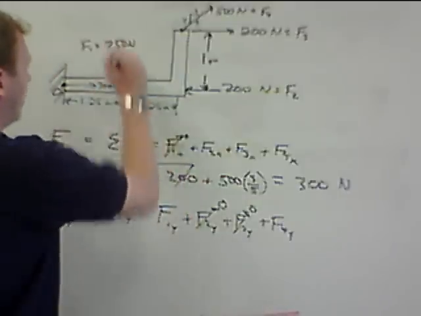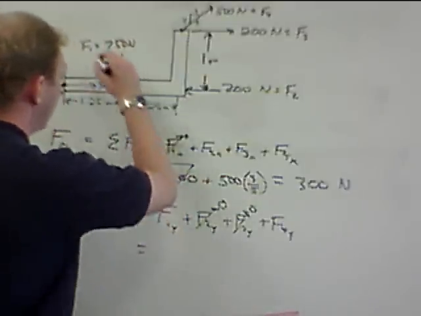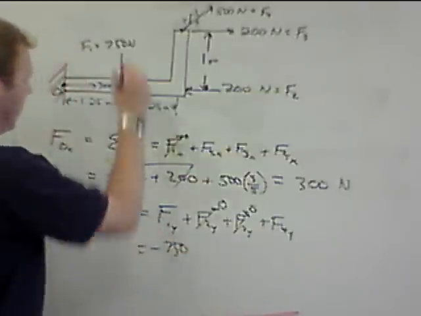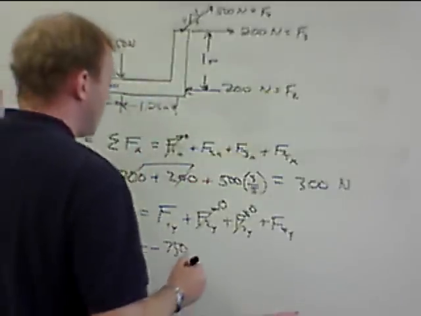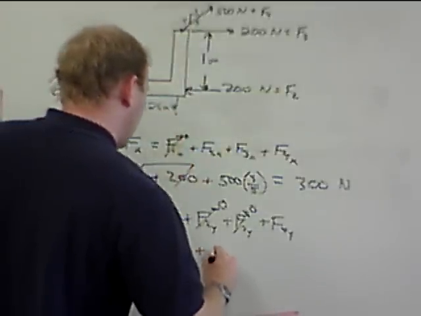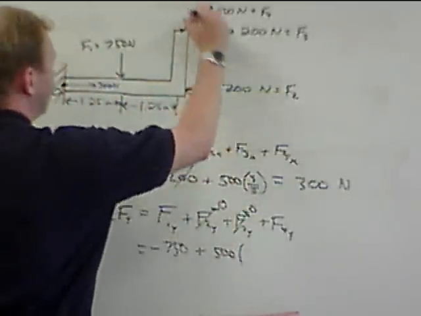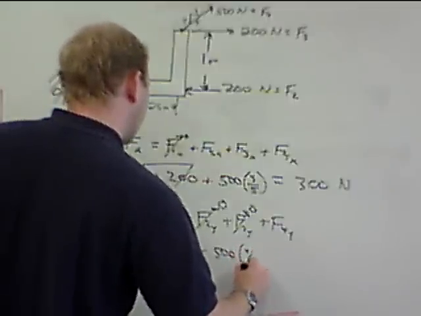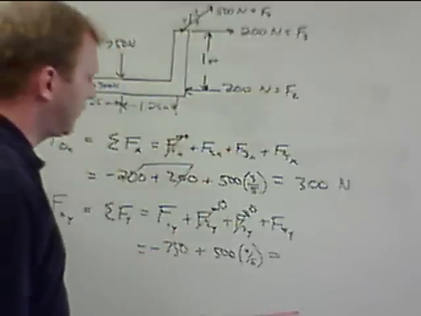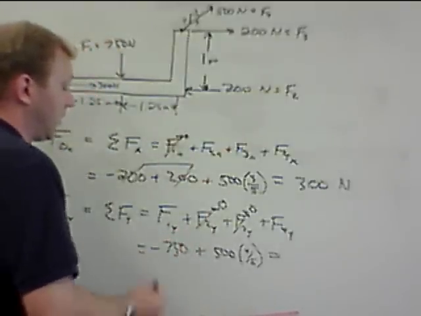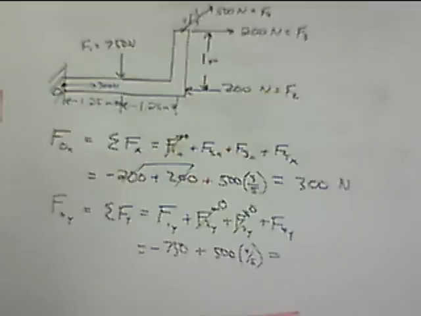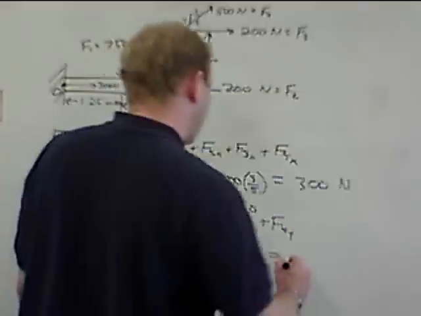So F1y equals negative 750, i.e. 750 newtons downward. And then F4 has an upward component of 500 times the ratio of 4/5. So this equals negative 750 plus 4/5 of 500. This ends up equaling a negative 350.